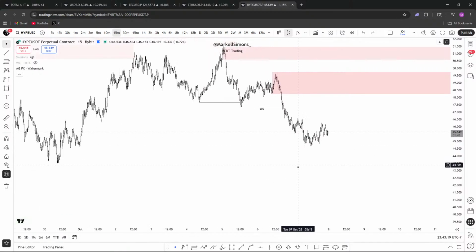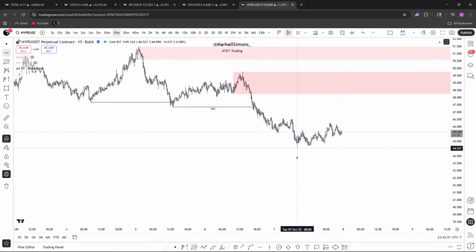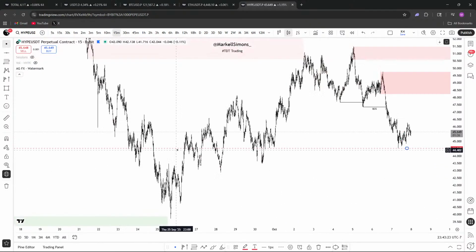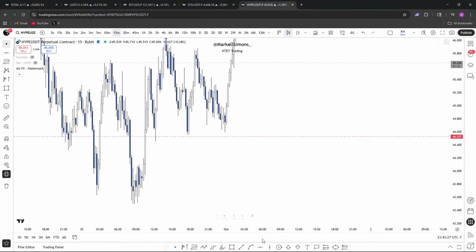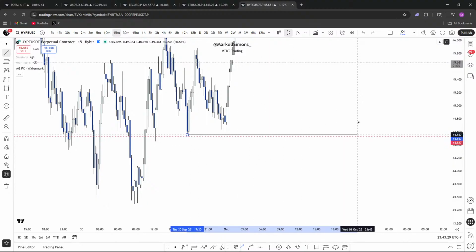I don't really see too much going on with hype. Where are we bouncing from right now? So we just grabbed liquidity right now.